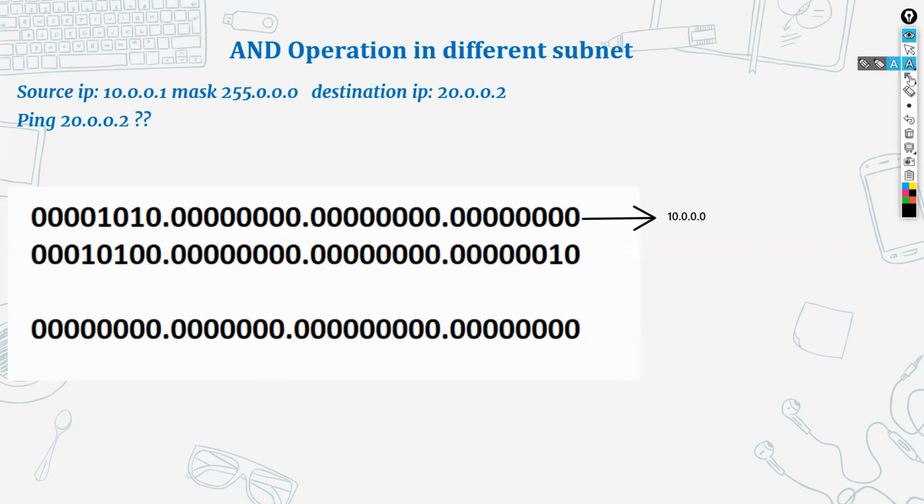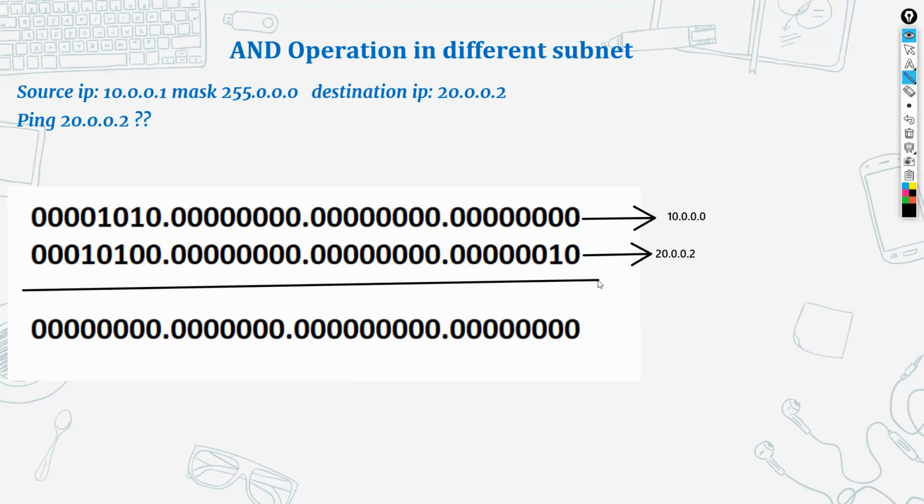Now what was the next step? Next step was, we got the result and then we need the AND operation with the destination IP binary also, which is 20.0.0.2. And now you can see the result here. The result we got is 0.0.0.0.